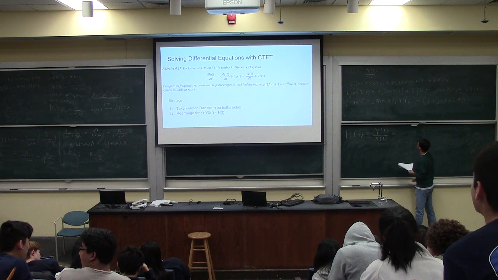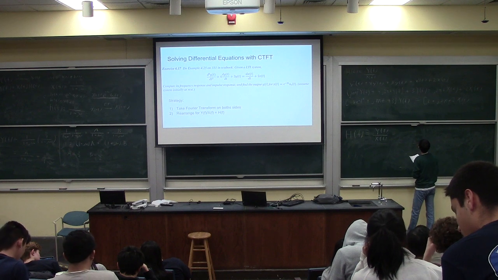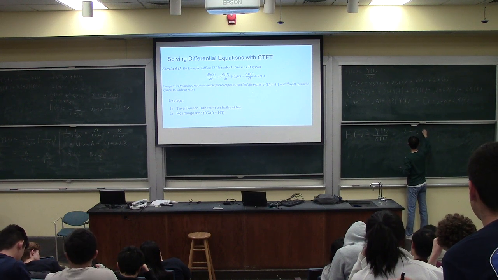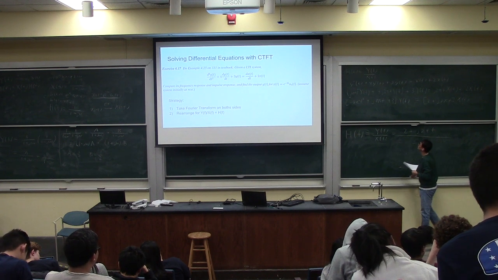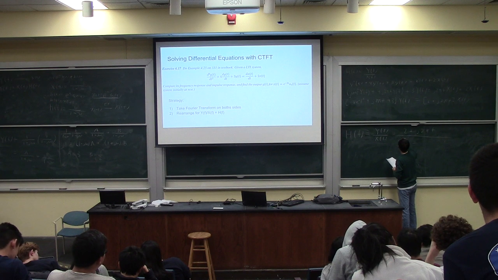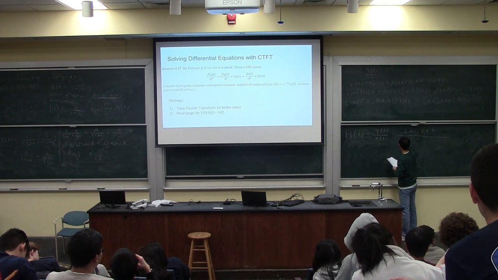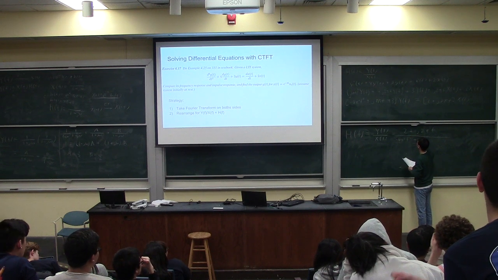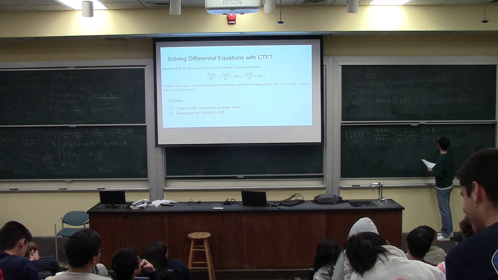So that's equal to 2 plus j2 pi f over negative 4 pi squared f squared plus j8 pi f plus 3.